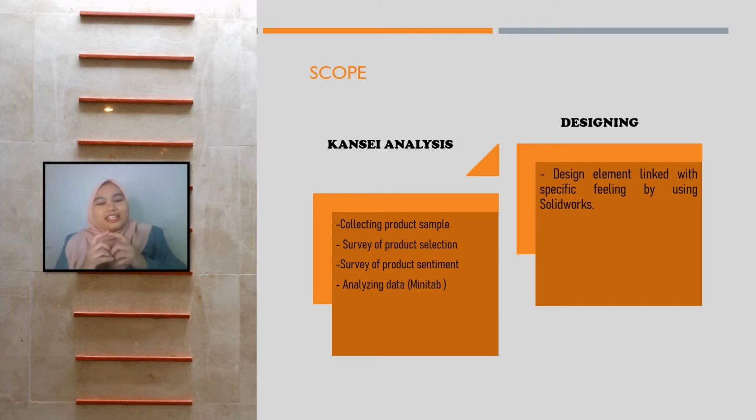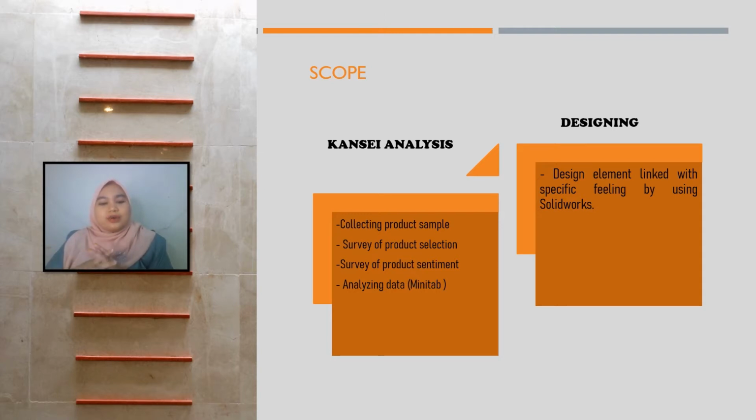First of all is Kansei analysis. Number one, collecting product samples. We use internet platforms as well as online shopping platforms to collect all the product samples of air freshener casing.